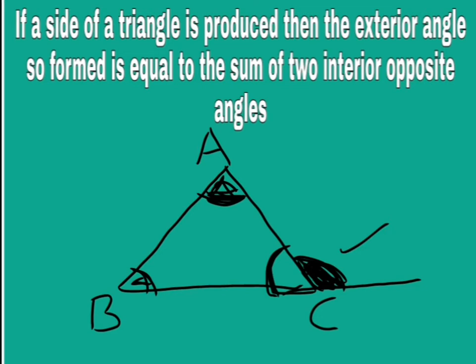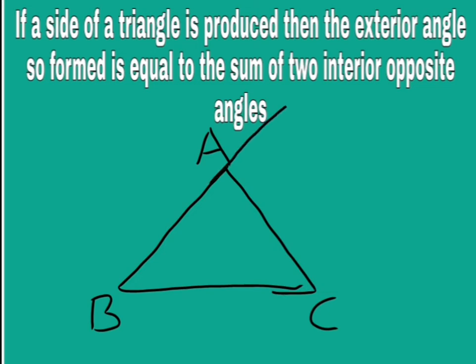Simply remember, if you get any exterior angle, to find the measurement of that exterior angle, you add the two opposite interior angles. Let's try to understand this again. Let us extend the AB side now.